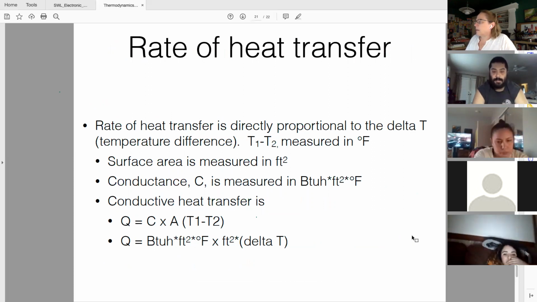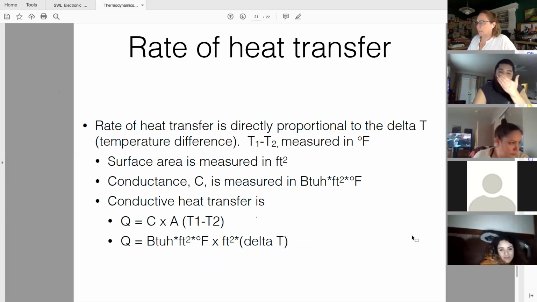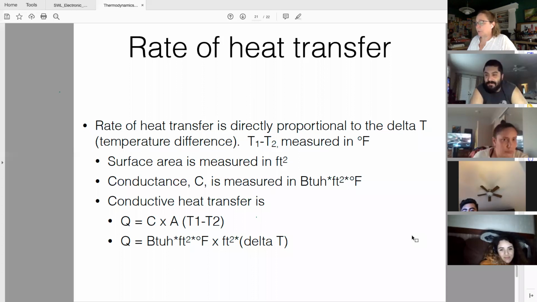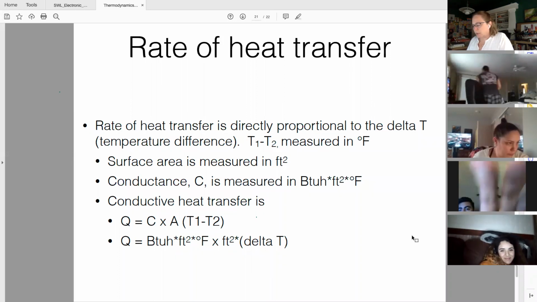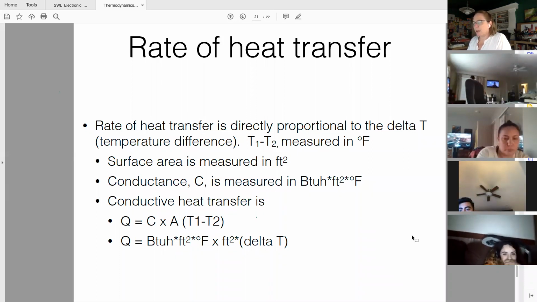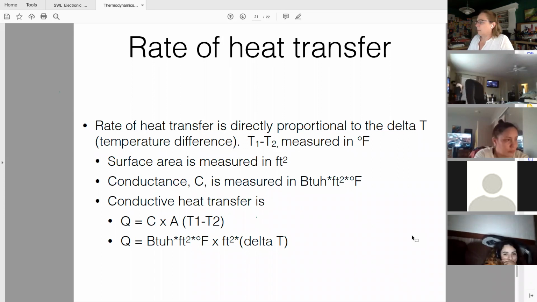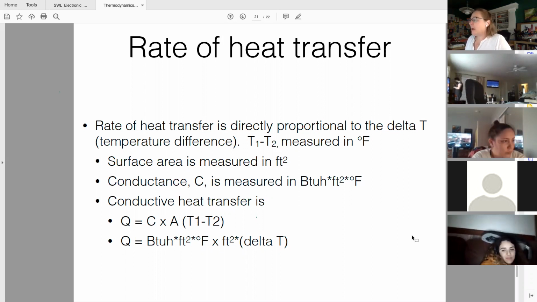This, talking about the rate of heat transfer, is probably the most technical thing that we're going to go over this whole semester. And I'm not going to expect you to memorize the formula, mostly because you'll never have to use it, but you do have to learn it for this class.